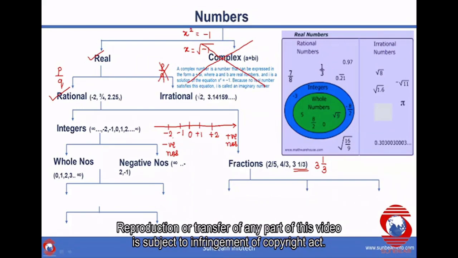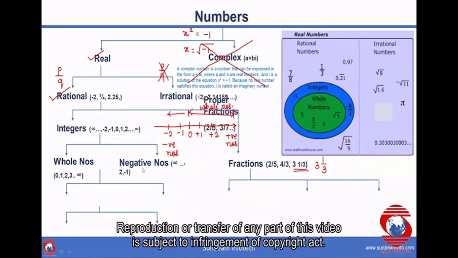Whole numbers are the numbers which start from 0 and go on the positive side of the number line. And negative numbers, you all know, extend on this side of the number line.